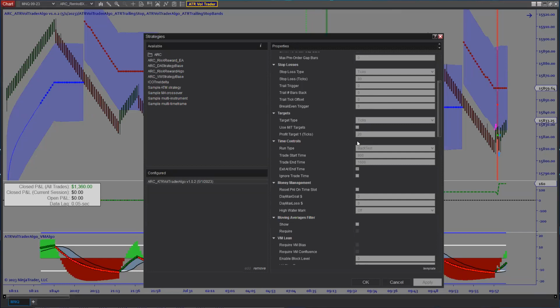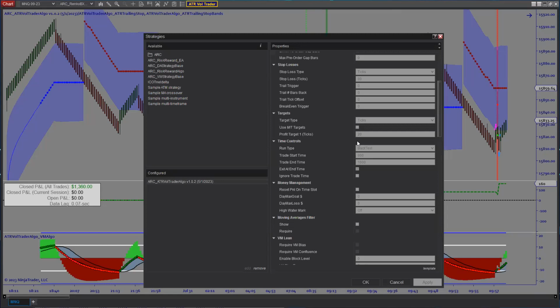Now, with NQ, you can get away with stuff like this. I would not suggest trading a 0.25 target on, say, micro ES or something like that, because commissions are going to be high. But NQ, as we know, moves quite a bit.